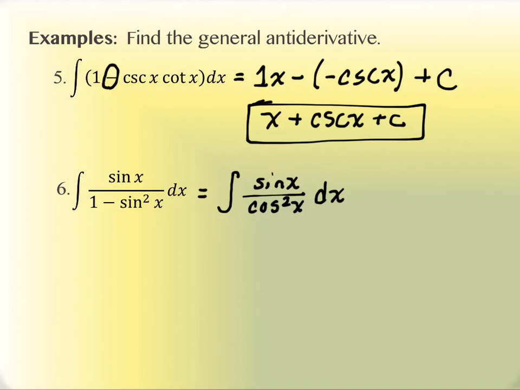Now, because this says cosine squared, what I'm going to do may not be sort of what you would have thought to do next. It might be. But I'm actually going to write it as cosine twice. Cosine squared means cosine times cosine. So I'm actually going to write this as sine x over cosine x, and then 1 over cosine x. Why might that be helpful?